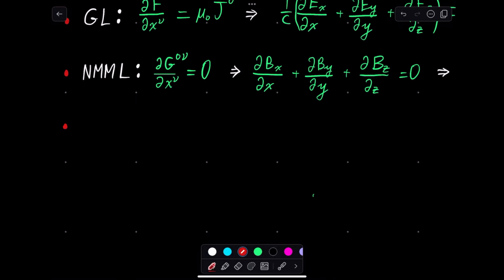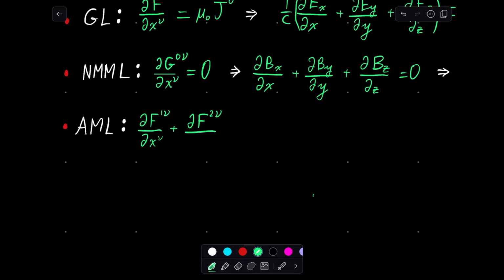Now, let's look at the Ampère-Maxwell law, which is AML. This is given by F1 nu partial of x nu plus partial of F2 nu partial of x nu plus partial F3 nu partial x nu.